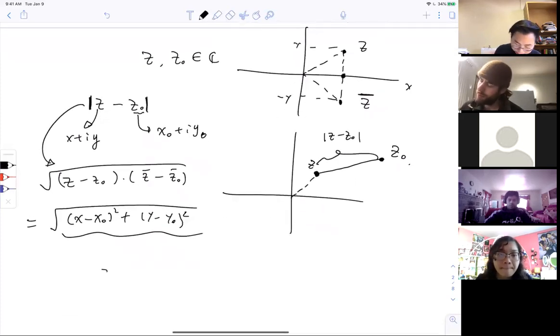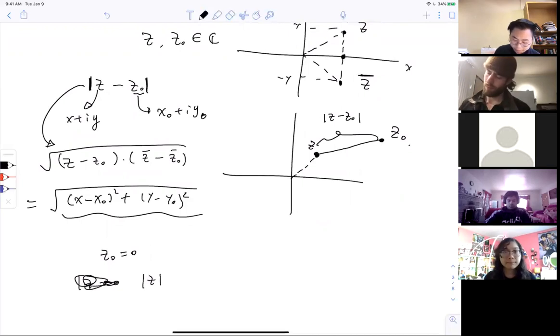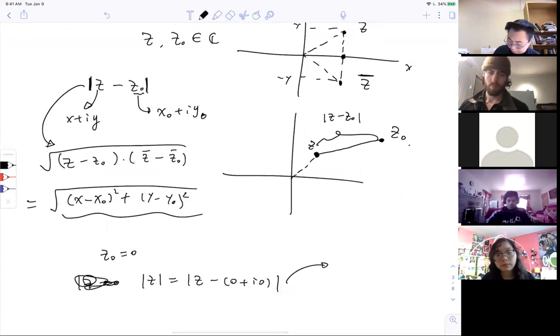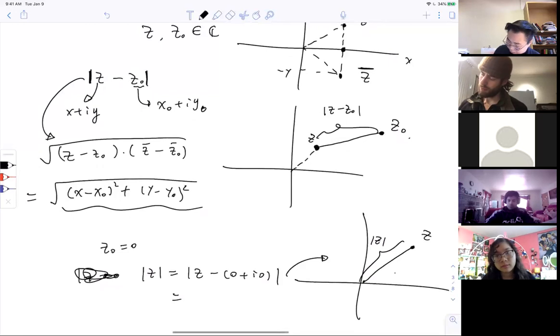One special case is when z naught equals 0. Basically, you have z minus 0, so you get the absolute value of z. You can understand this 0 as 0 plus i0, right? So this stands for the distance from the point z to the origin. This is nothing but r.